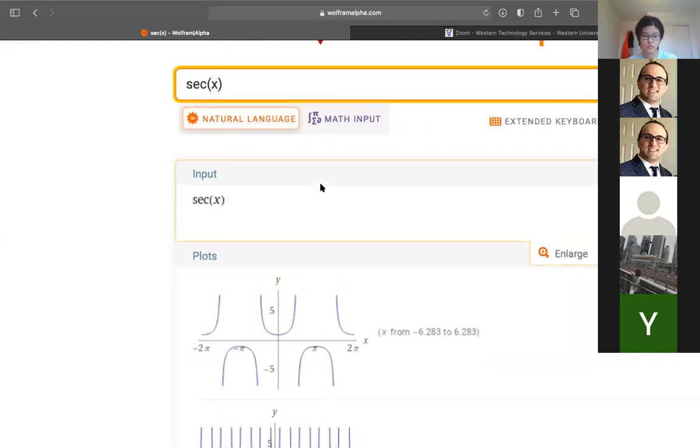Again, you see vertical asymptotes at the zeros of cosine, like pi half, 3 pi half, minus pi half. We can also define 1 over sine, which is called cosecant.